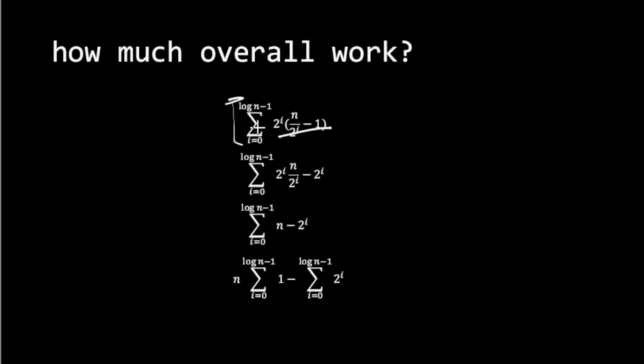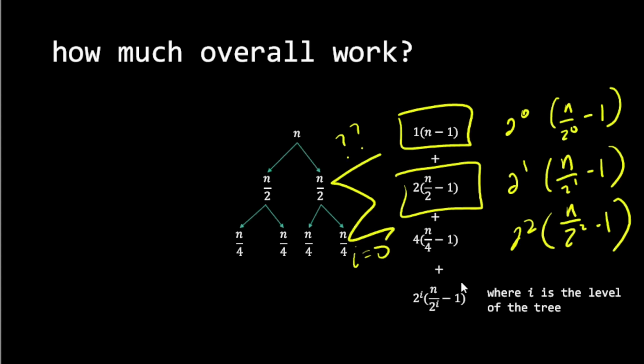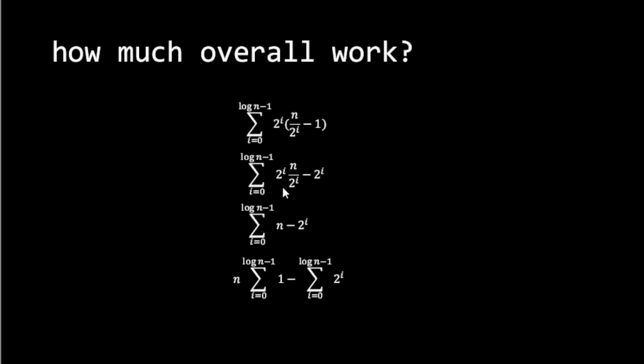Remember we got this equation from back here. This was the general form for each level. Since this is like a complete binary tree, we'll have log n levels. Then we can do some simplification. We can just multiply this 2^i across to get to the next one.